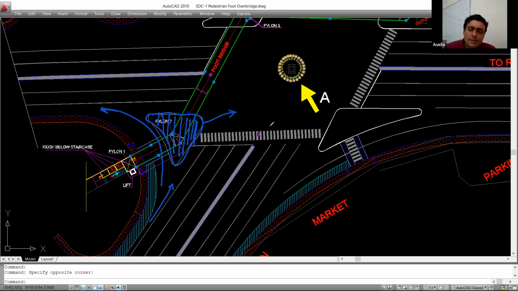What are these called? Dividers. Islands. There is some technical name for these obstructions that you create for proper traffic flow. I'll just search and then tell you.